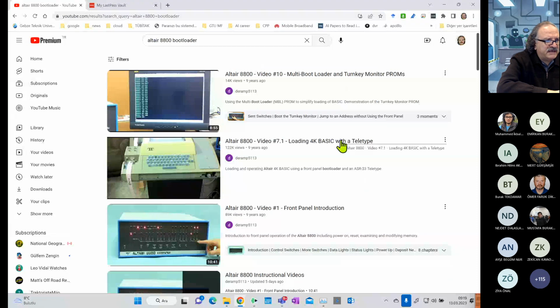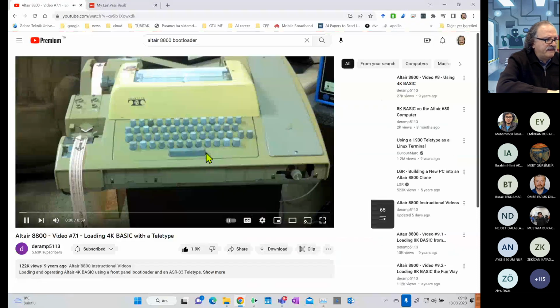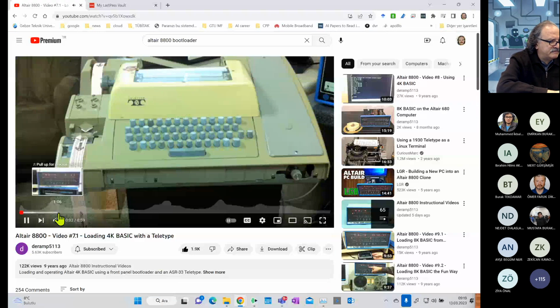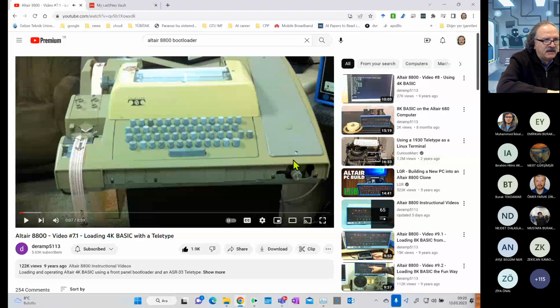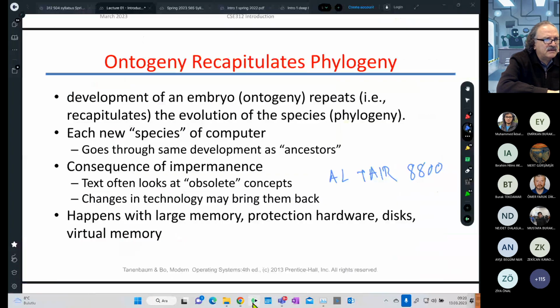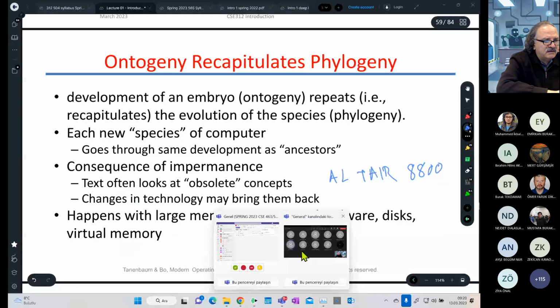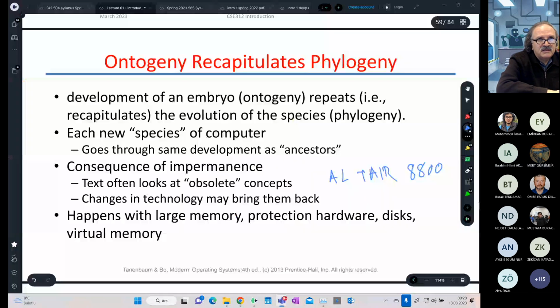Multi-boot loader, yeah, okay, good. Do you guys hear what I am hearing? I don't think you can hear it, right? Do you hear it? No, we can't. You can't, because when I share it, I need to turn on the sound.